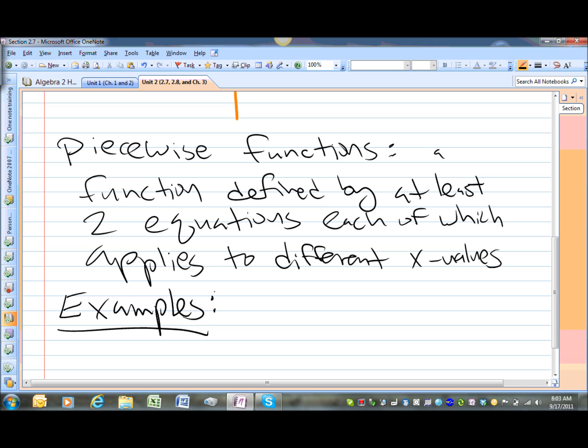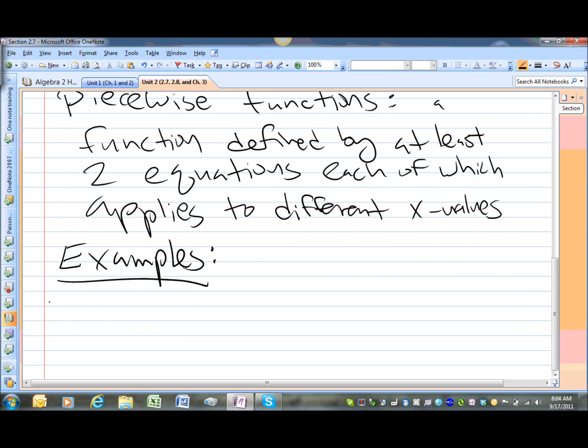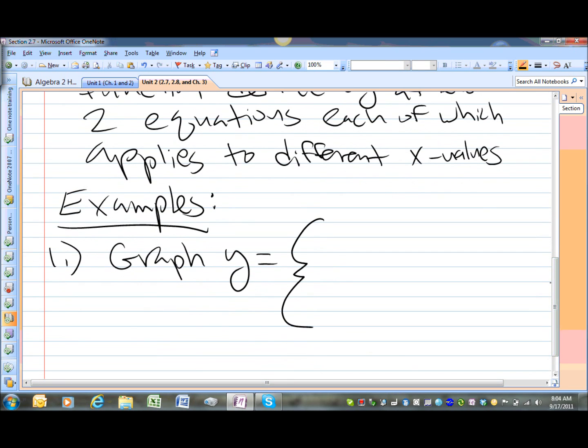Let's say I'd asked you to graph the following. Here's a good one. y equals 2x minus 1, negative 3x plus 1.